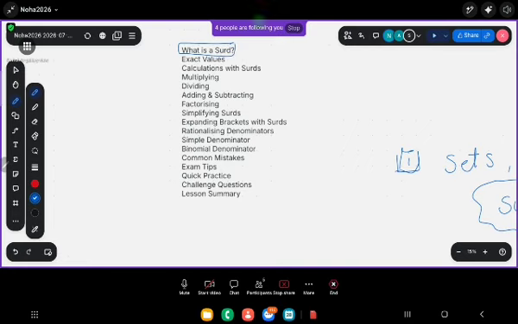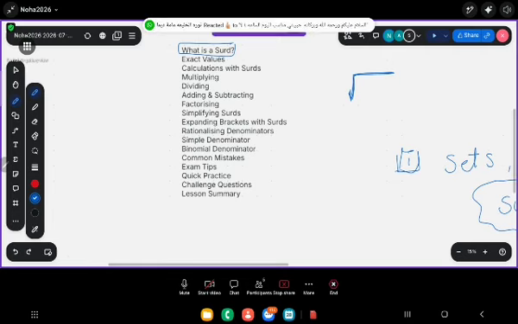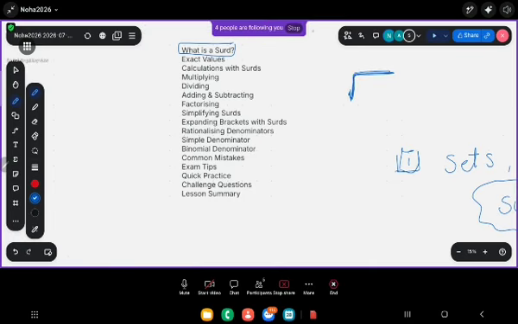So let's start with what is a surd. This is our first concept. A surd is a square root. Do you remember the square root? Some kind of that symbol, which has no numbers here, nothing here. It's only that, right? And we'll start to talk about what is inside the root.